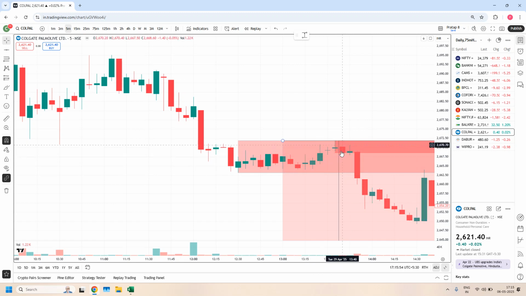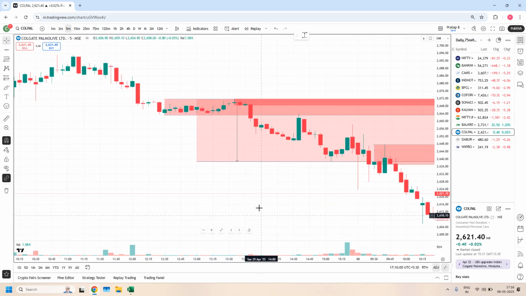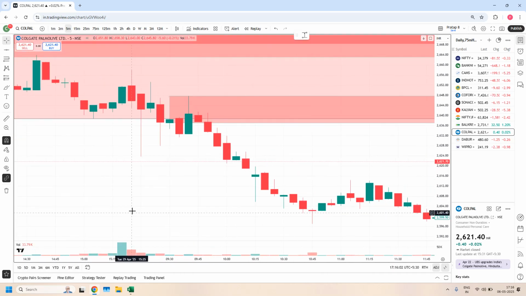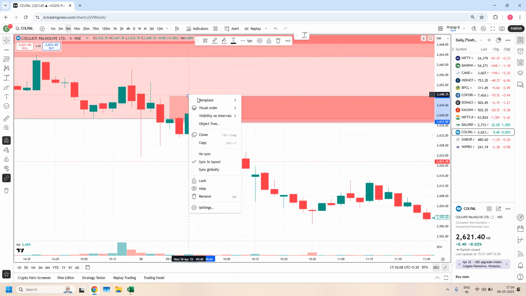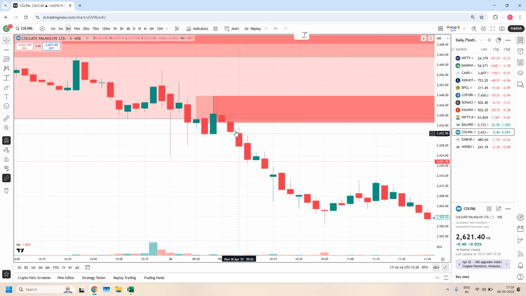So this is the fine tuned 5 minute zone. This is the area we are planning our trade. But what about here? Here I can draw a zone like this. The leg out is not great, I agree, but imbalance started from here and see, it continues like falling.